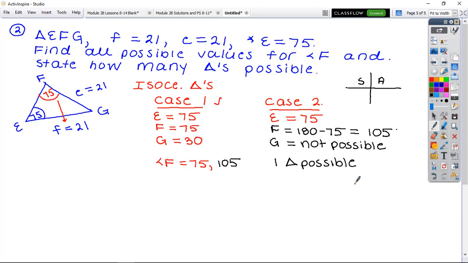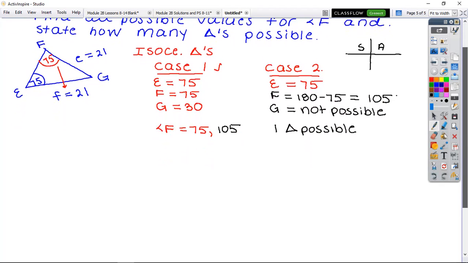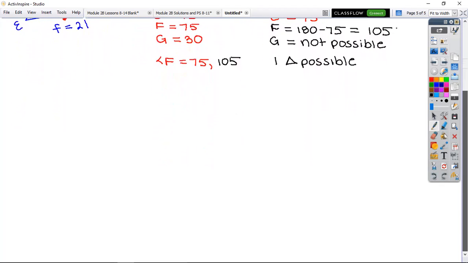Okay. How's that one? Pretty good? All right, great. So here's one more of your ambiguous case. And you're just testing all those different possibilities. So I'm going to say triangle UVW.